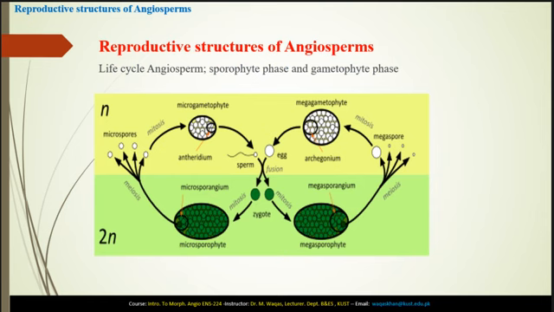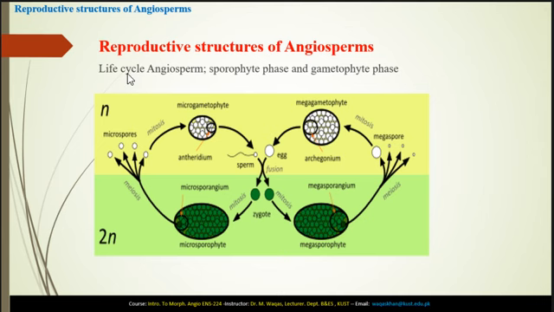So first of all, the reproductive structures of angiosperms. As you know, for sexual reproduction, there are various arrangements of angiospermic floral structure. But before that, we need to understand the life cycle of angiosperm.